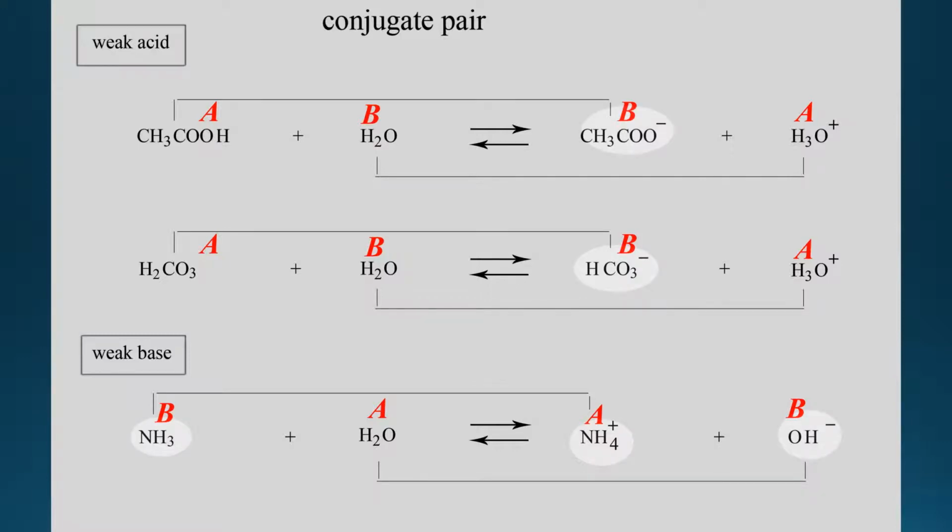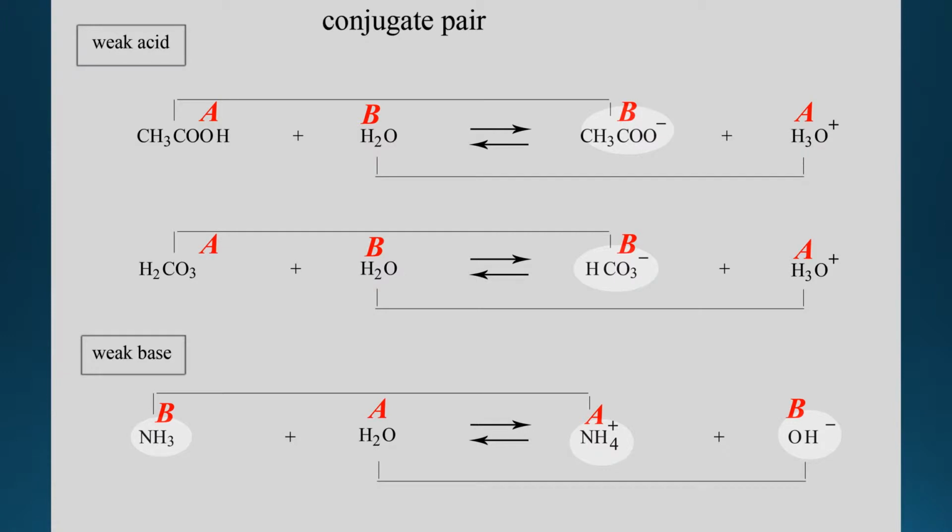Student, there's another factor I would like to highlight. Students find this rule should be easy, but they always have problems identifying the valency. Acetate is 1 minus. HCO3 is 1 minus. How about CO3? 2 minus.